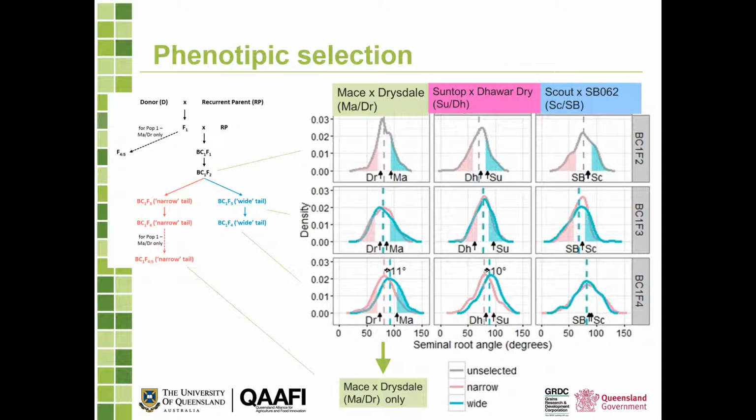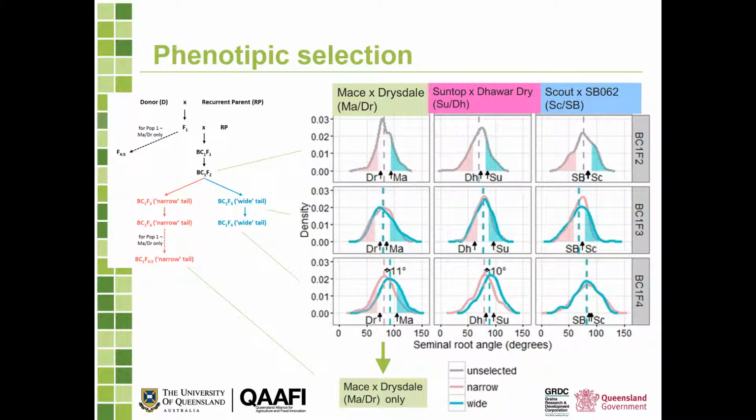But when she took those and selected them again from the narrow, she selected narrow ones, and from the wide ones, selfed them again and tested the wide and the narrow population again. Okay, she's got a shift of 10 degrees in the mean population mean angle.